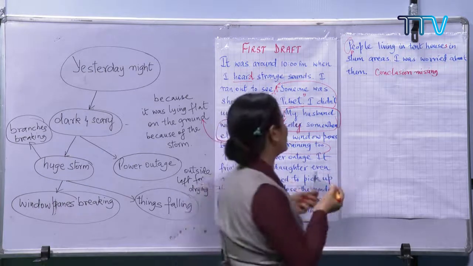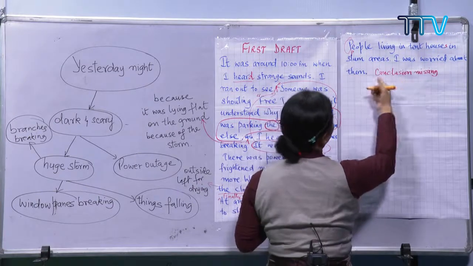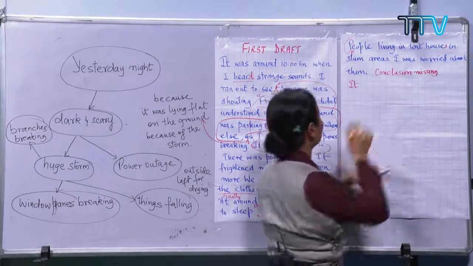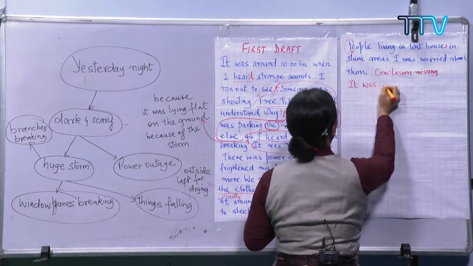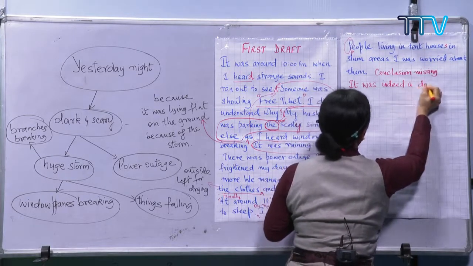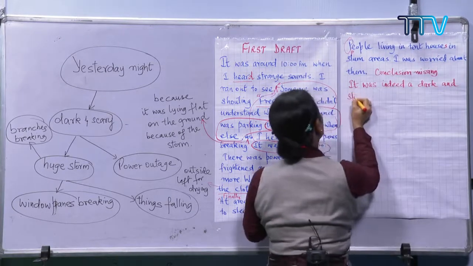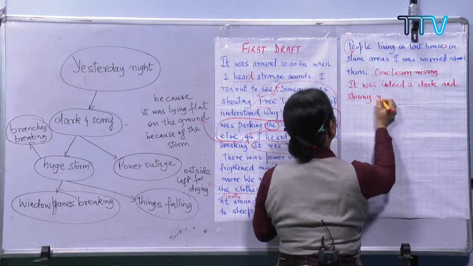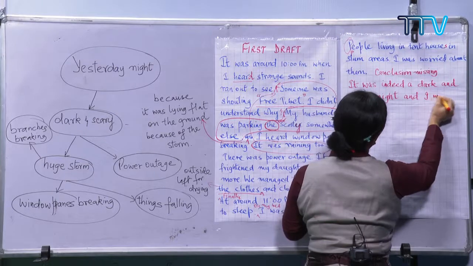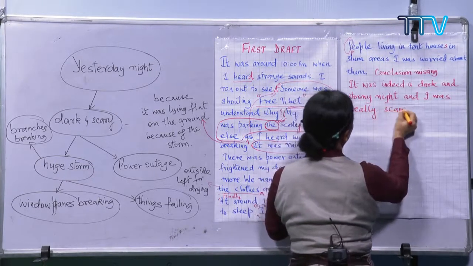Conclusion, right? So what can we add for conclusion? I was worried about them. Okay, just one sentence I will write. Okay, to end up, it was indeed a dark and stormy night, and I was really scared.